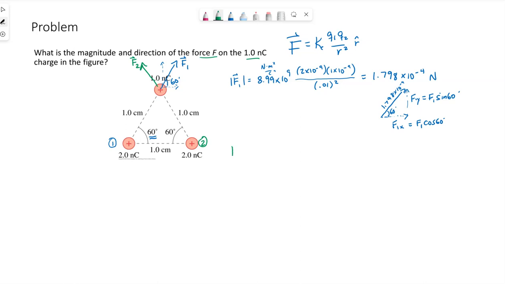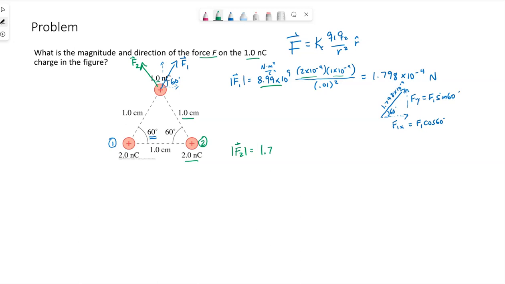Now, the magnitude of F2 is going to be the same. We have the same K value. The two charges involved are 2 nanocoulombs and 1 nanocoulomb. The distance is the same.